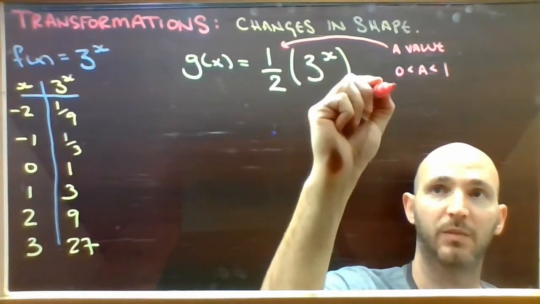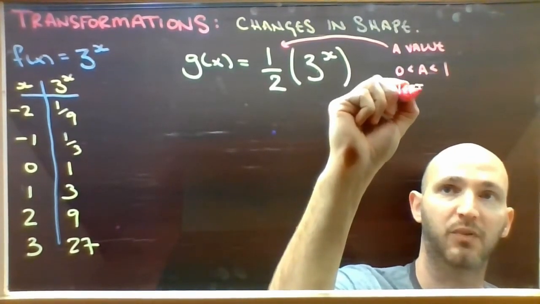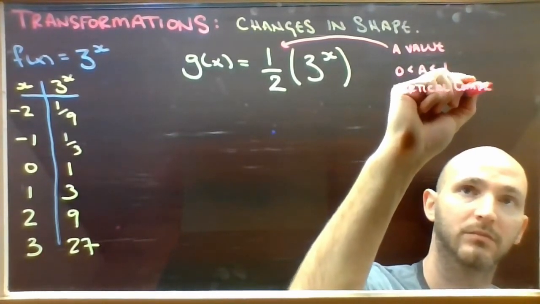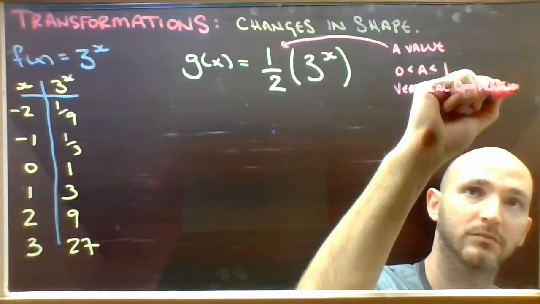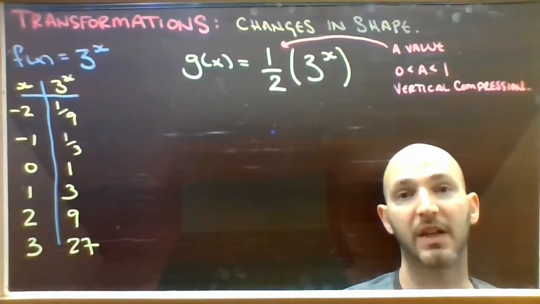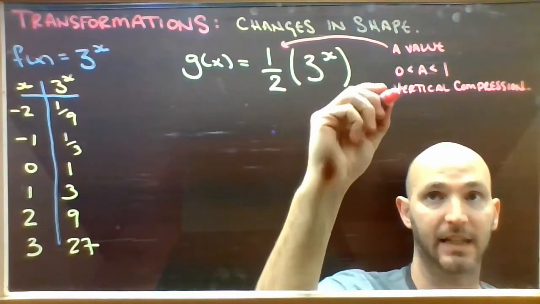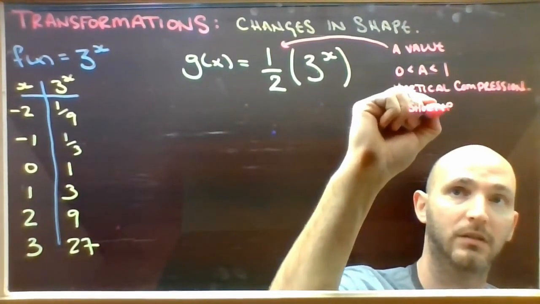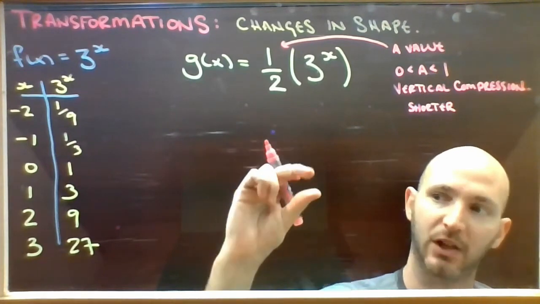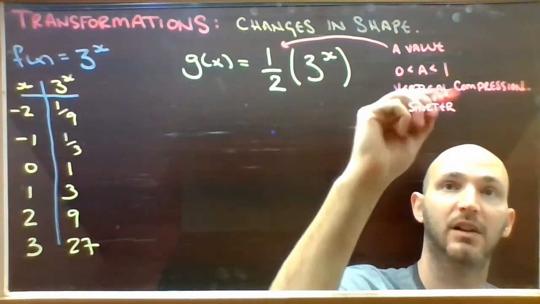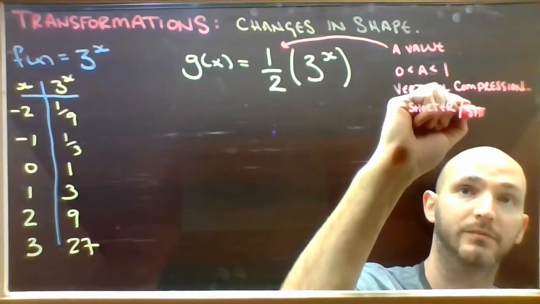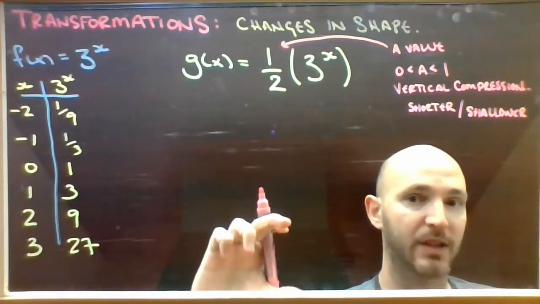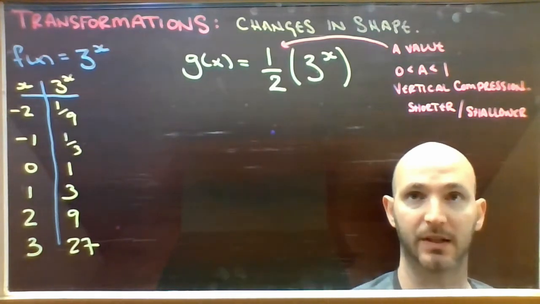That means that it will be a vertical compression, which means that when I'm done sketching this thing, the function should be shorter. Anything above the axis will be closer to the axis than it used to be, or shallower. Anything that was under the axis will be drawn up closer to it.